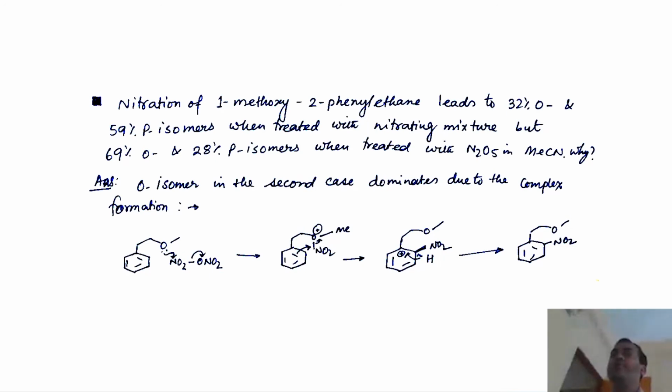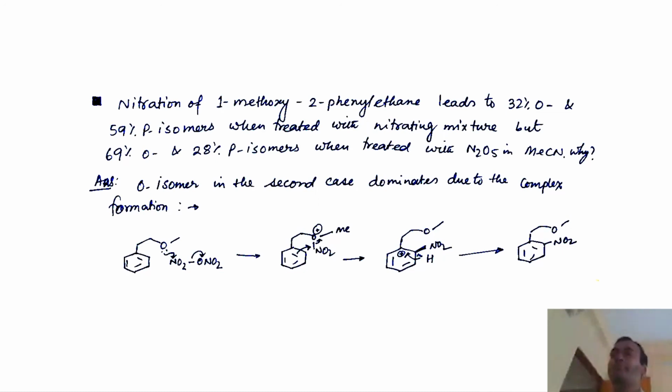So this oxygen lone pair actually binds to this NO2 to generate the electrophile intramolecularly, intramolecular in nature, and then intramolecularly this benzene ring attacks here, so that it does not have much preference for the para attack. Okay, so that is why it leads to a major ortho product and a minor para product.